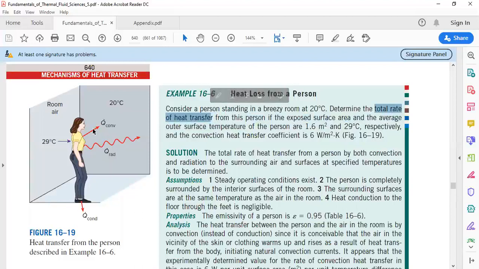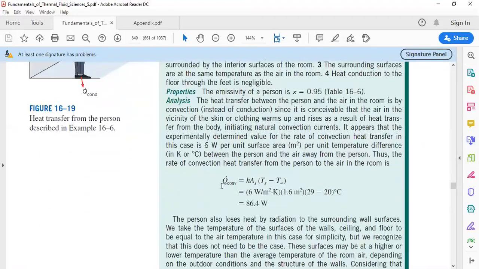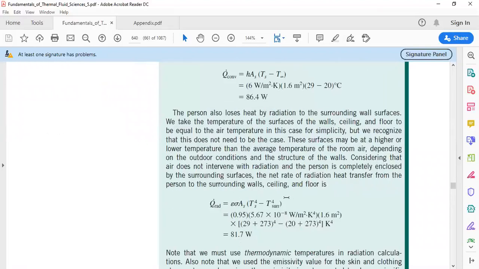Obviously, here for the heat transfer rate, there is conduction through the air, but it's negligible compared to the convection and the radiation. So the heat rate is through convection and radiation. The convection is through Newton's law of cooling, h times surface area times the temperature difference between the surface and the free stream. That's found to be 86.4.